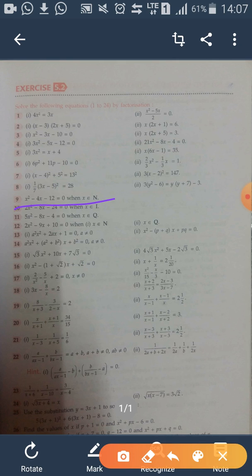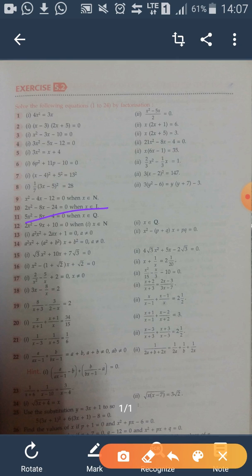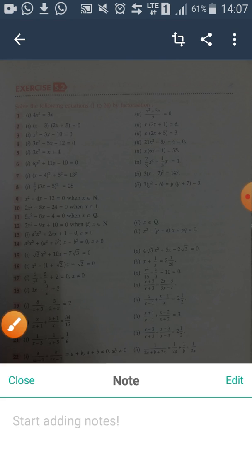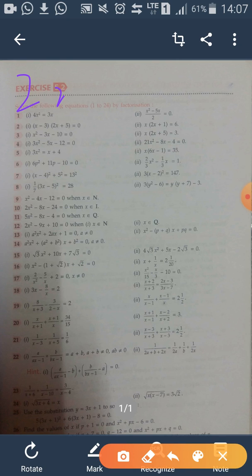Next we move on to sum number 9. No, sum number 9 we have already done. We move on to sum number 10. So let's solve this: 2x square minus 8x minus 24 is equal to 0.